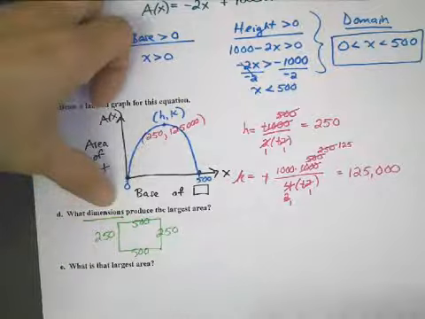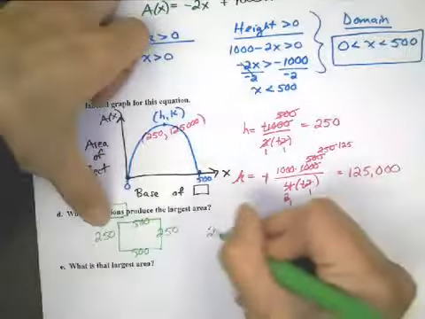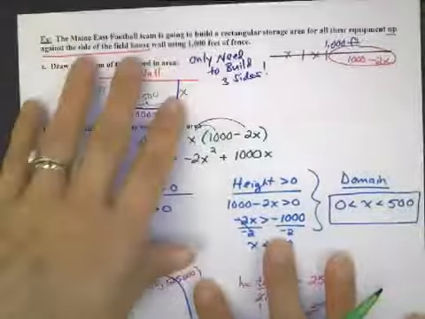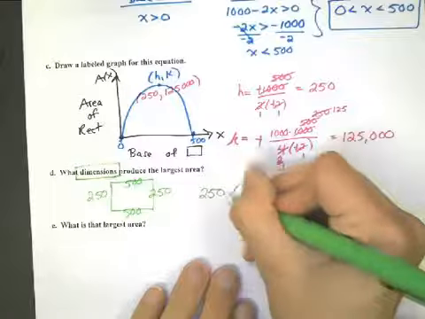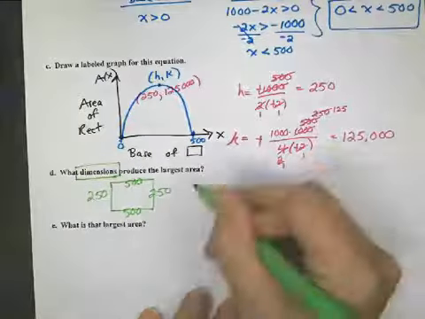So what are the dimensions that make the largest area? 250, what are the units? They're way up at the top. 250 feet by 500 feet.